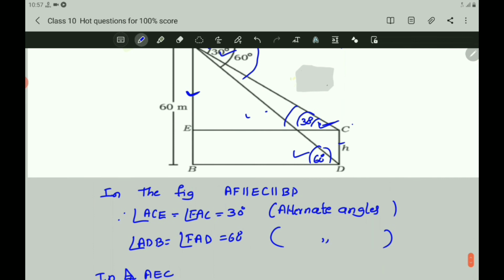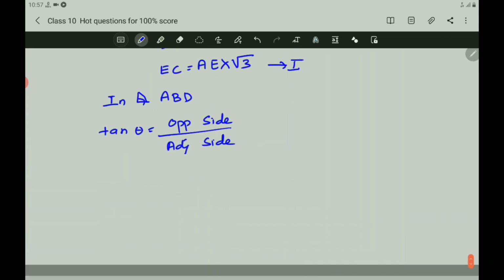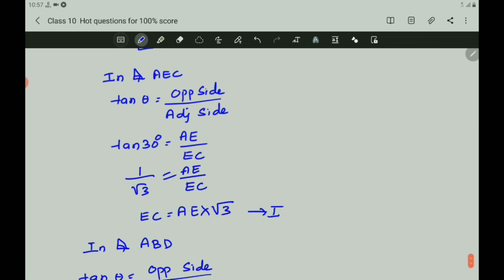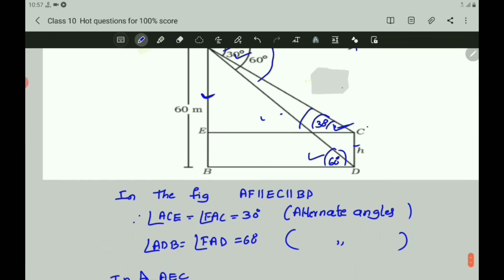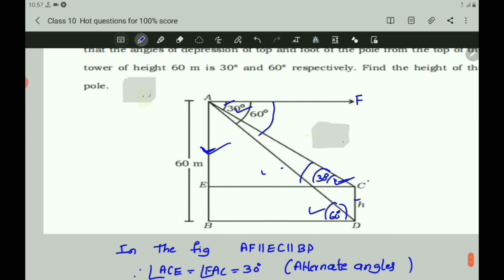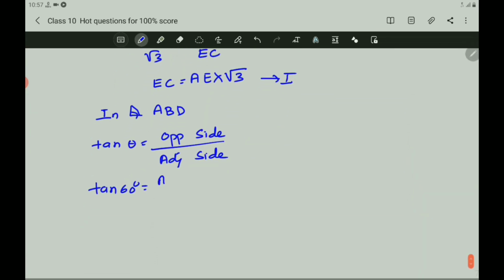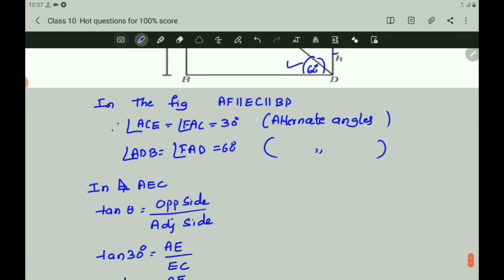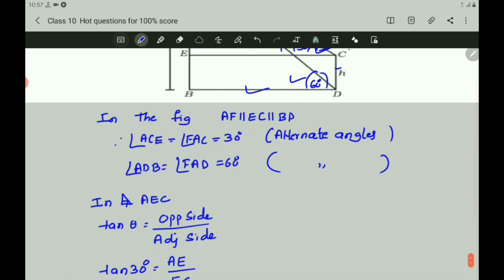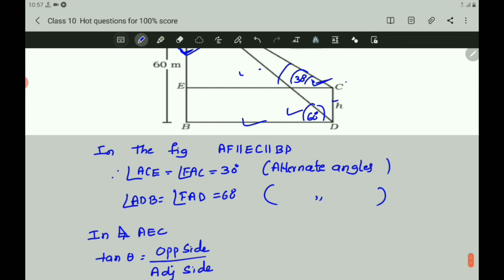Tan theta is tan 60 degree here, right? Tan 60 degree equals, for this 60 degree the opposite side is AB, and the adjacent side is BD.